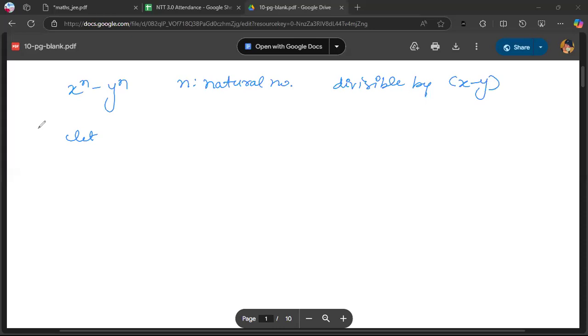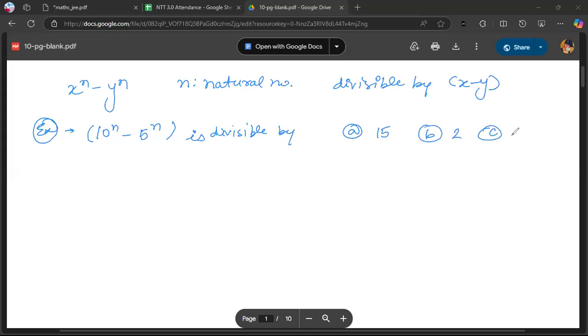So the example is that it is given 2 raised to power n minus 5 raised to power n, let me write it in a different way, 10 raised to power n minus 5 raised to power n. Now we have to check it is divisible by: A option is 15, B option is 2, C option is 5, and D option is none of the above.